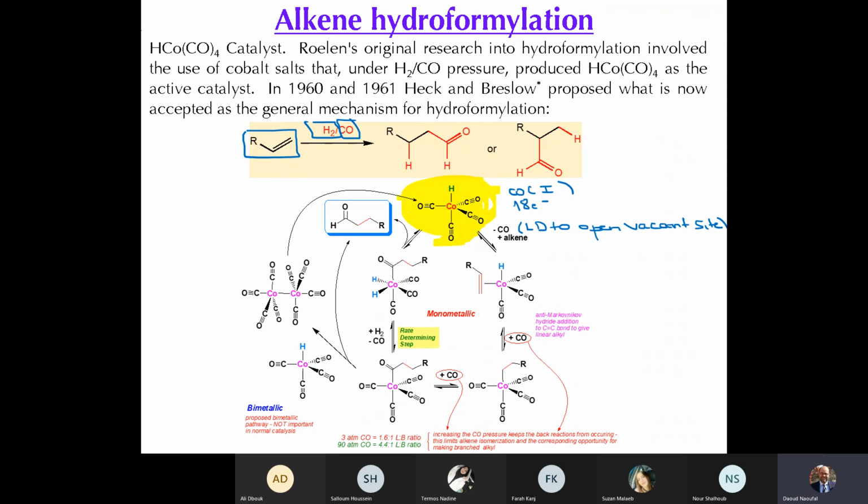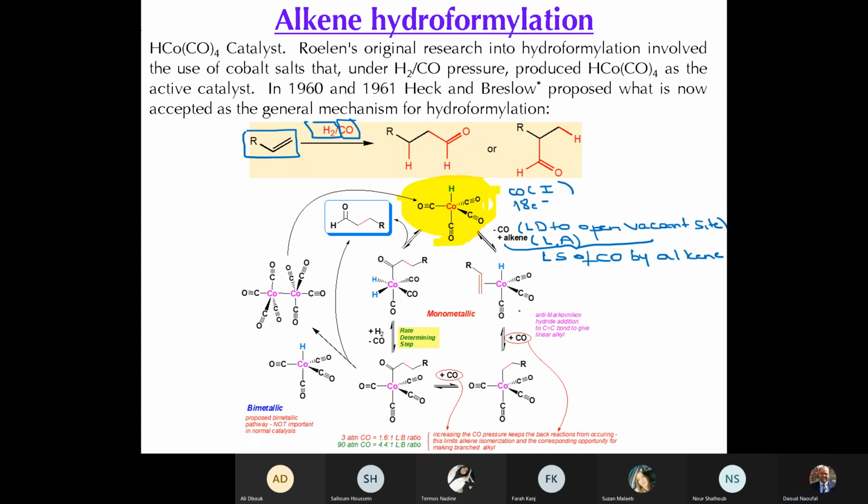So you have only the alkene added. Directly after the ligand dissociation and the open vacant site, you have the alkene, which is the ligand addition. In total, you can say this is a ligand substitution of CO by alkene. We obtain this structure.